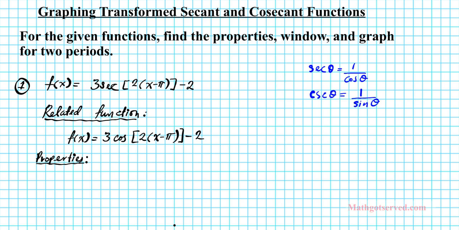So to do that with ease, let's write down the standard form of a transformed trig function: f of x equals a cosine b (x minus h) plus k. Okay, so with that, I can find my properties.